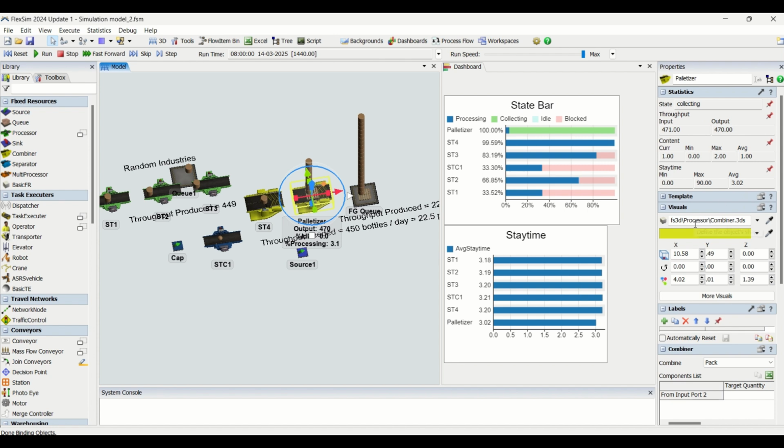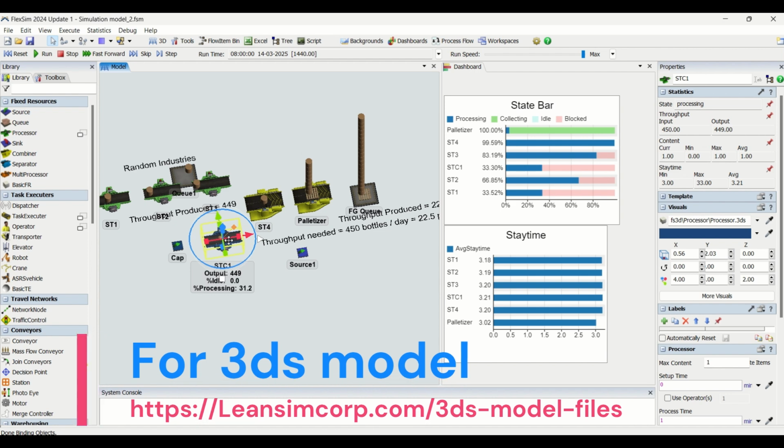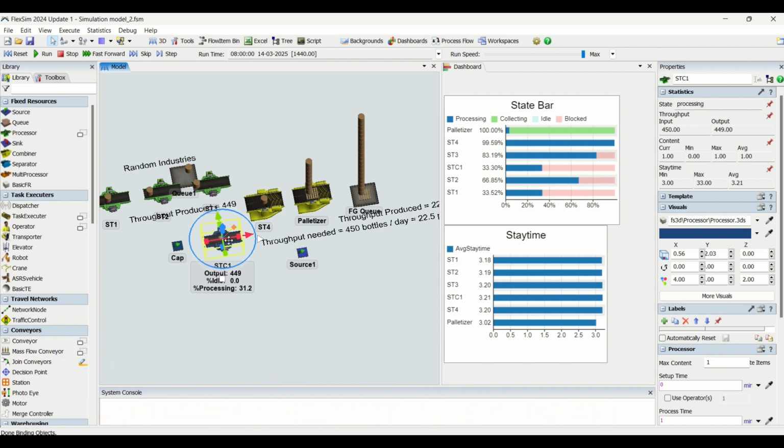That is the palletizer. And for STC1, the cap forming station, the stay time is a minimum of 3 minutes and a maximum of 3.21.